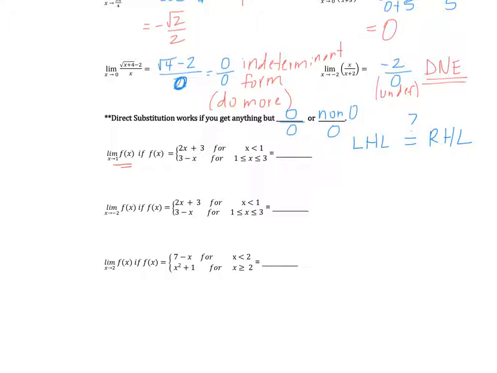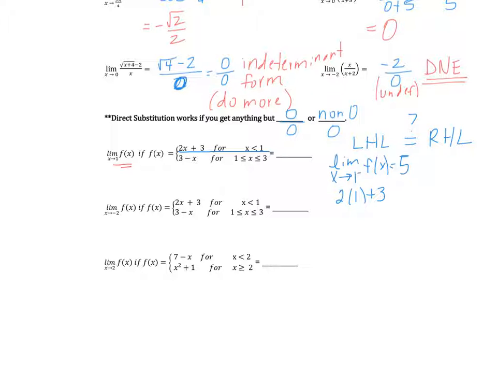If I'm doing the left-hand limit, remember I'm approaching 1 from the left, so the numbers would be less than 1. So this is the equation I would use because it says x is less than 1. If I do direct sub on it, the limit from the left is going to be equal to 5, because I plug in 2 times 1 plus 3, and that gave me 5.